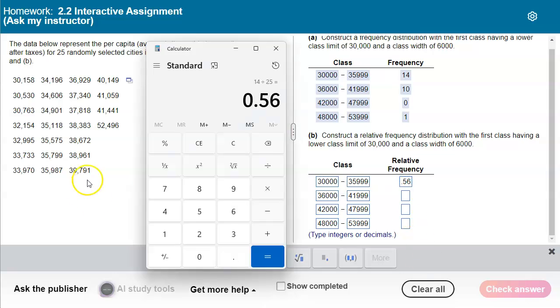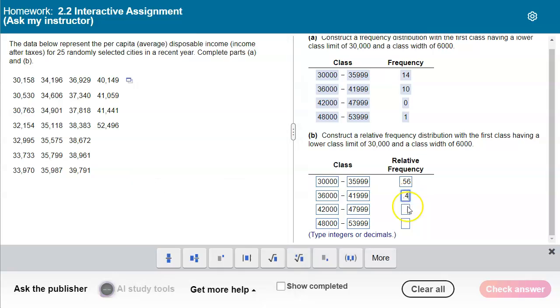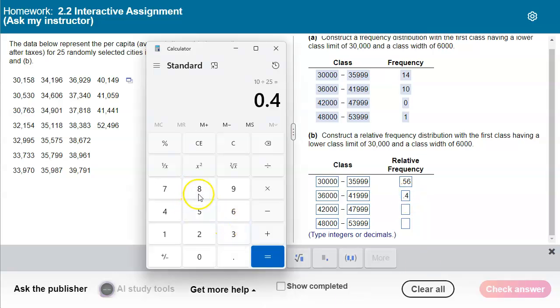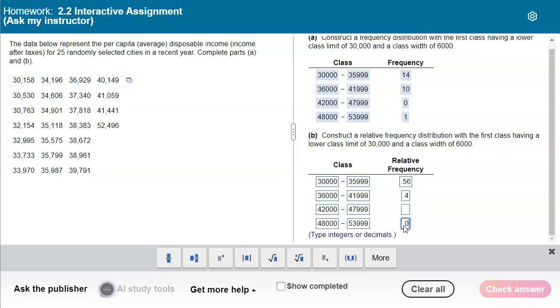And I'll continue to do that. So for the next one, I have 10 counts, or 10 was the frequency. I divide it by the total, and I get 0.4. And I just continue doing that. And of course, 0 divided by 25 is going to be 0.